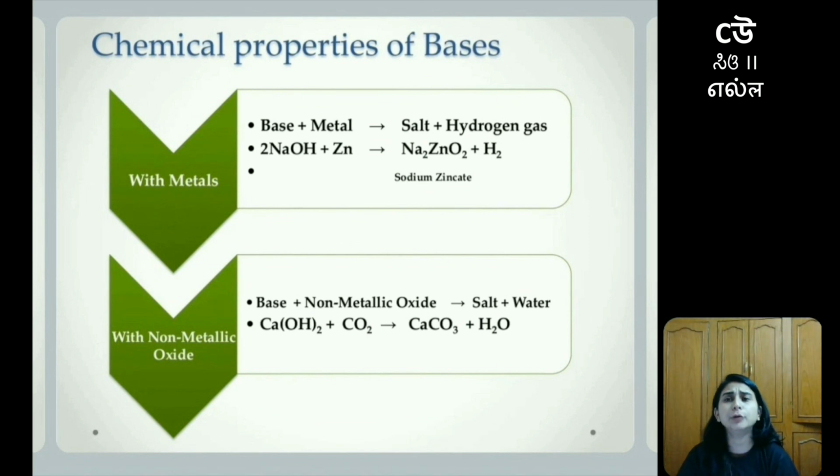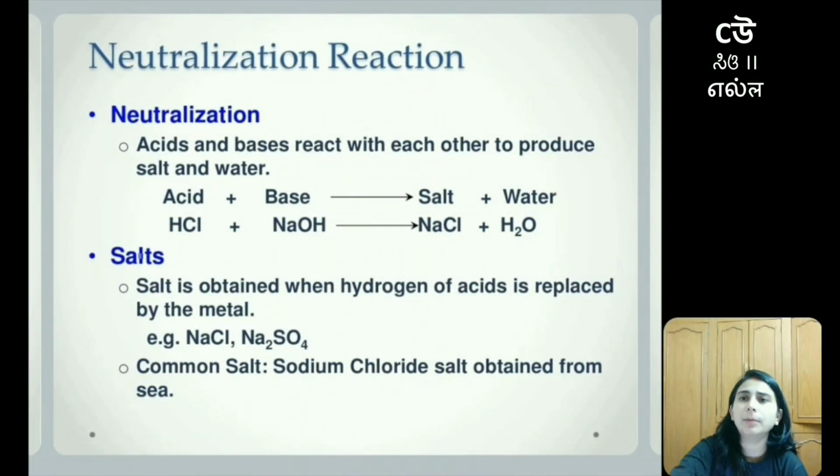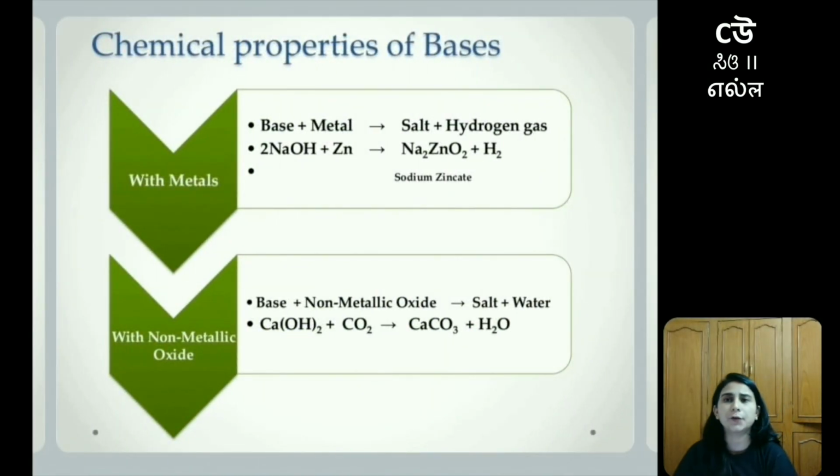Let's talk about chemical properties of bases as well. When bases react or combine with metal, they form salt plus hydrogen gas, just like acids. Here in place of base, they have used sodium hydroxide.